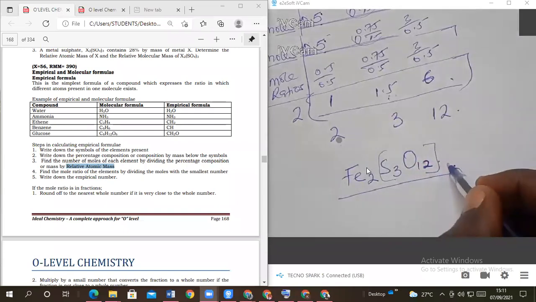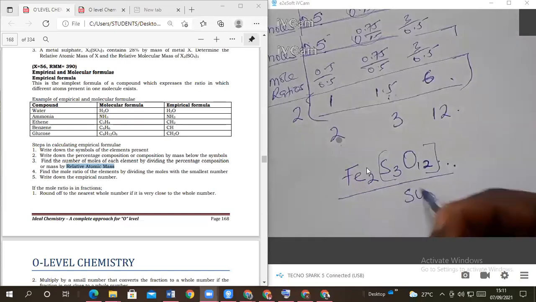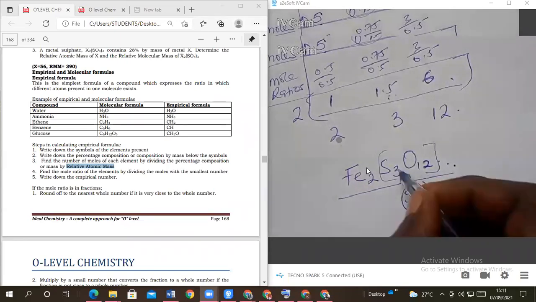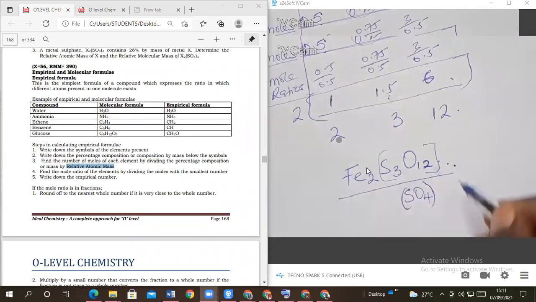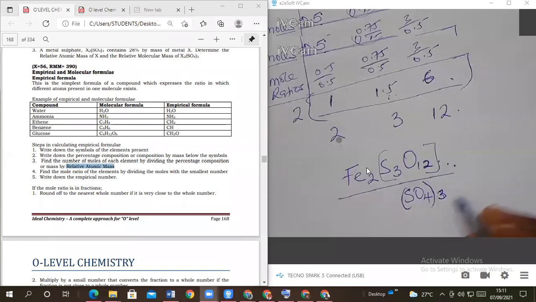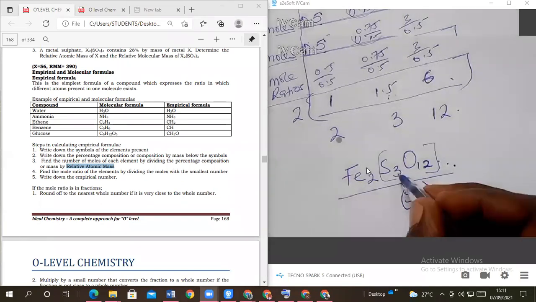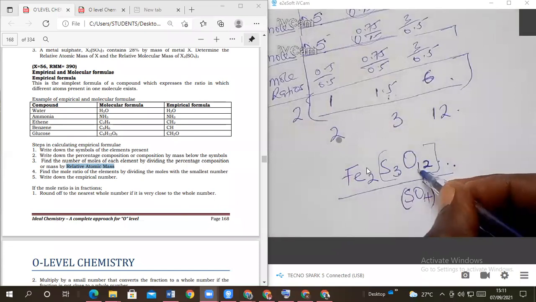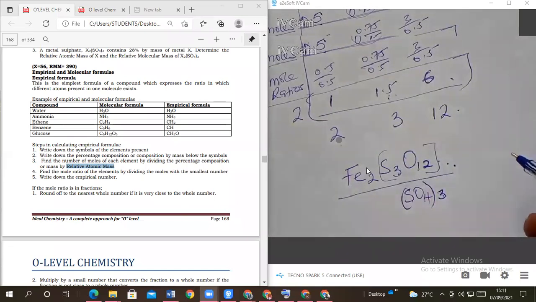This is an iron, isn't it? And that iron is a sulfate, which is SO4, isn't it? Meaning you have factored out 3, then you shall put that 3 here. So this one is going to be 3 times 2, which is this. Then this times this, which is 12. Have you seen? Yes? Is it clear?